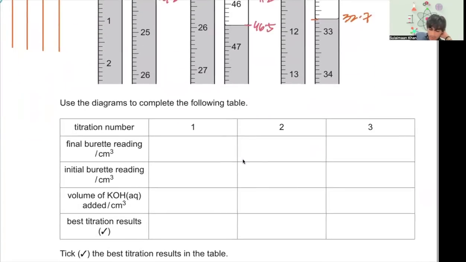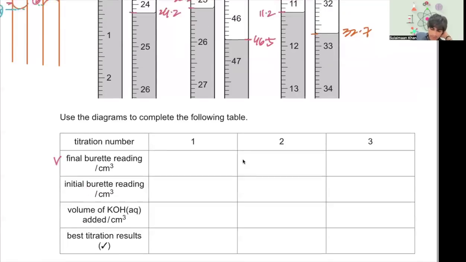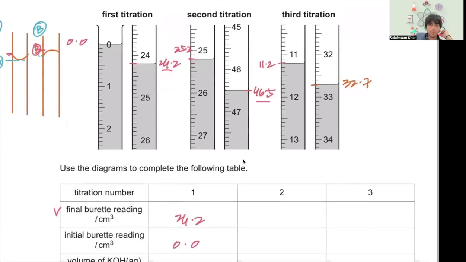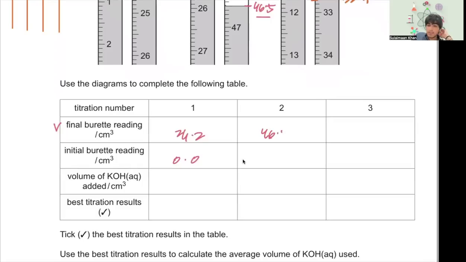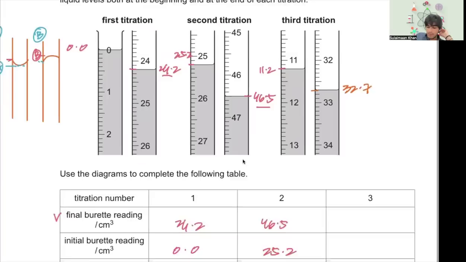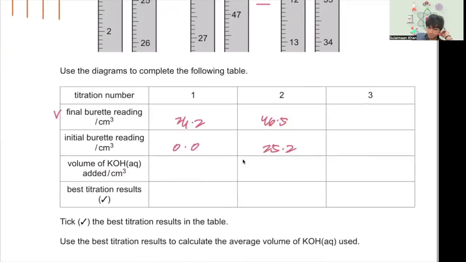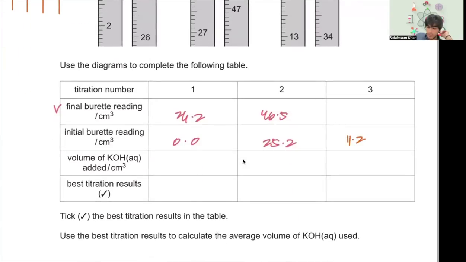Okay, so you need to also properly read this. It says final, initial volume and best titration result. So the final reading is 24.2. Can somebody now help me? The initial is 0.0, and the final in the second experiment is 46.5. And the initial is how much? 25.2. Thank you. And in the third one, the initial is 11.2. And what's the final?